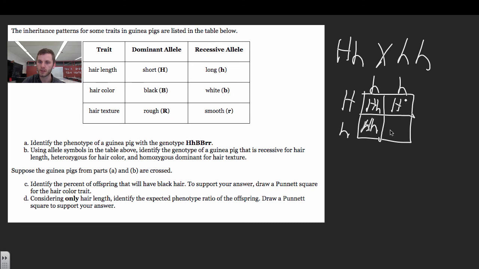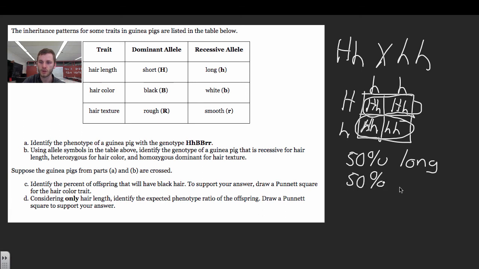This is big H, little h, and then little h, little h. So if we look at the phenotypic ratios, little h is long hair, so 50% will have long hair, and the other 50%, because it has one dominant allele, will have short hair. So 50% long and 50% short.